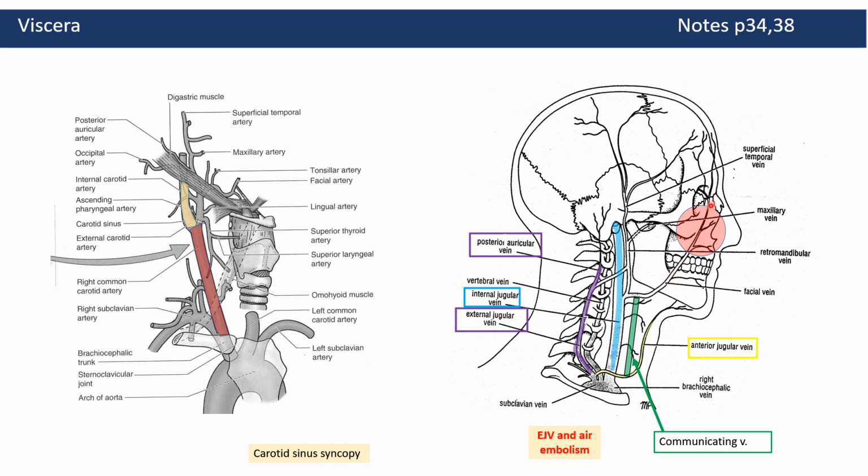facial vein, which drains the face, and combines with the internal jugular vein here often. There is sometimes, inconsistently, a communicating vein between the facial vein and the anterior jugular vein.